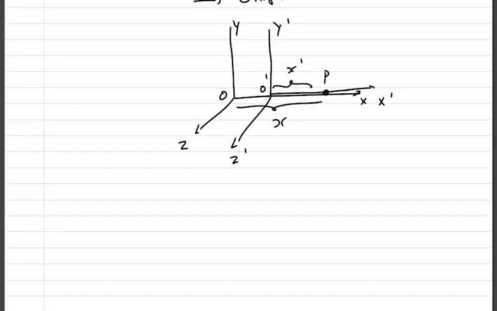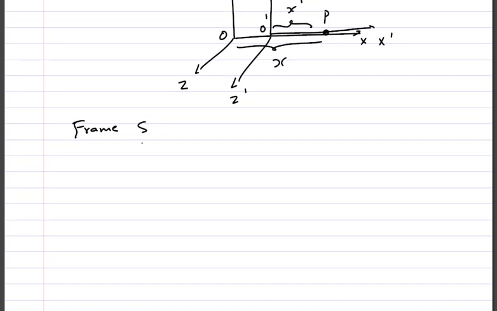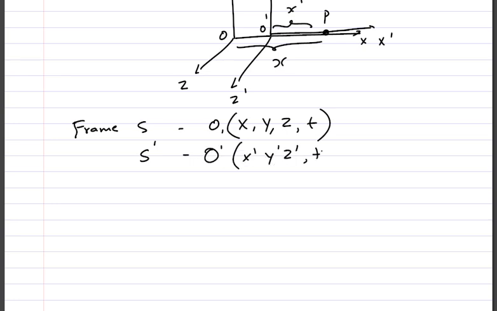So consider a frame S, frame S dash, with the origin at O and coordinates x, y, z and time t, and O dash, x dash, y dash, z dash and t dash. We are still working with classical or Galilean frames.